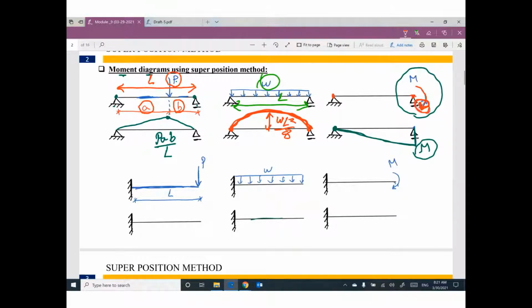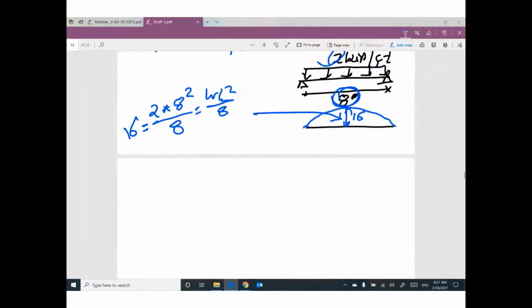Here is the head. Here is the tail of the moment. So wherever the head is, we will have your value. For example, if you have a moment like this, M, your bending moment diagram will be 0 on the other side, and you will have M here, and you will have a triangle like this.